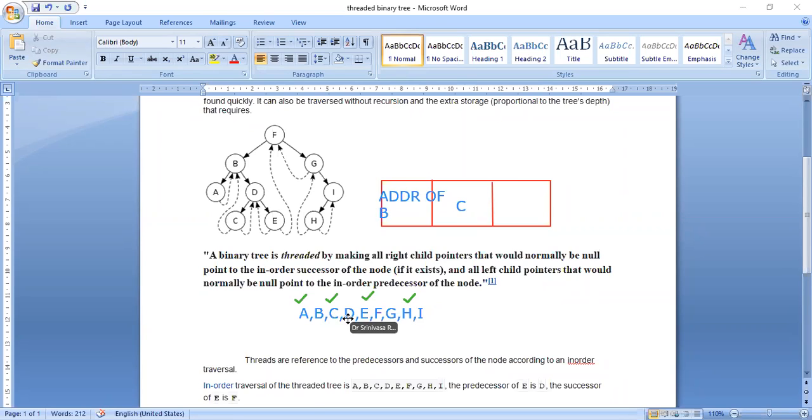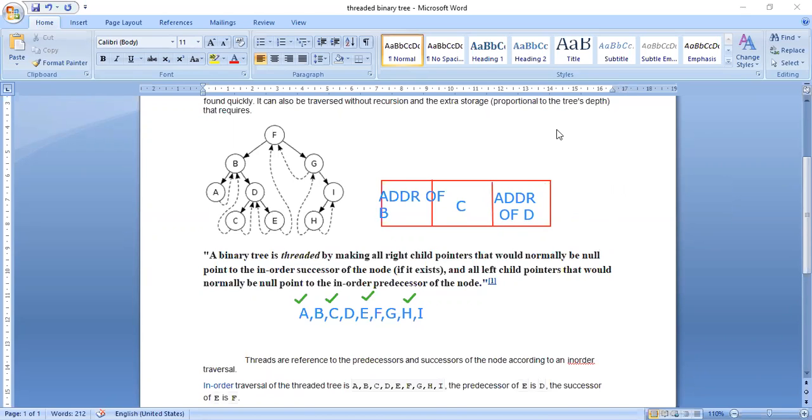D. So I will write the address of D. In this way, I make node C a threaded node.